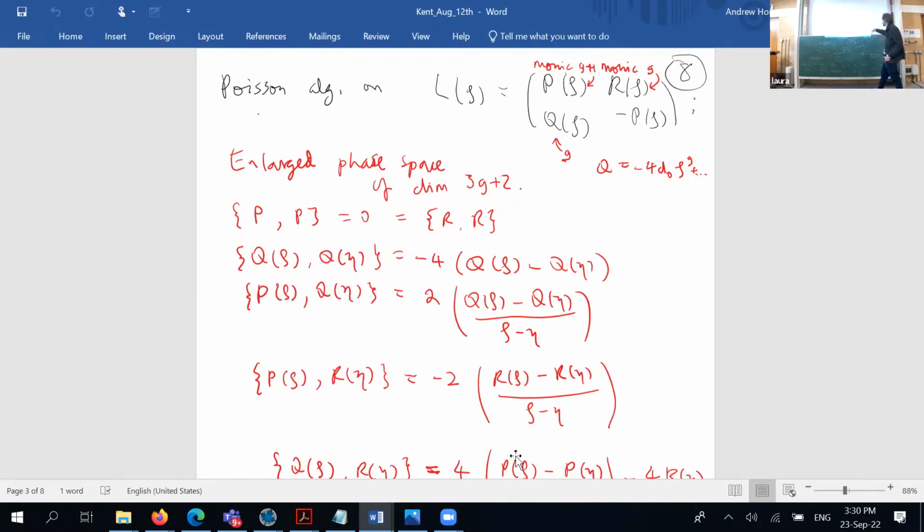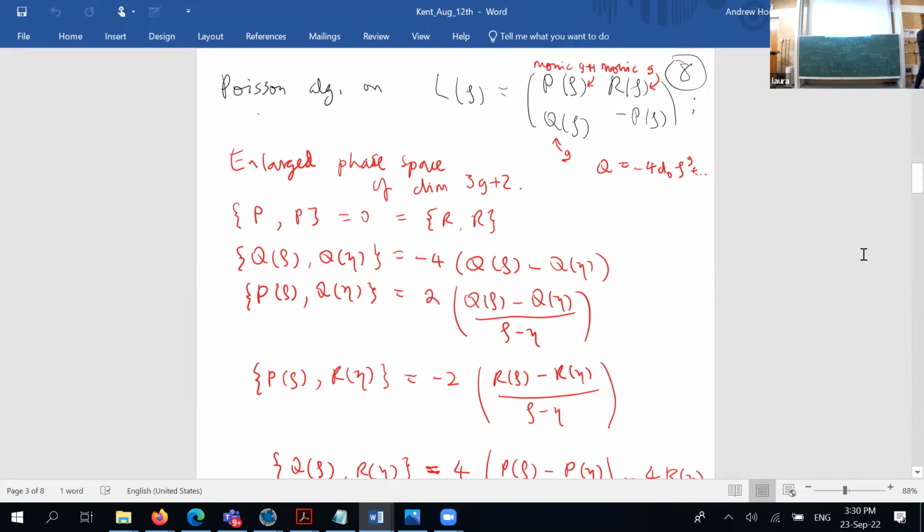You get rid of the gauge factor, and then P and R are monic polynomials of degree G plus 1 and degree G, Q is a non-monic polynomial of degree G, and so overall you get a phase space of dimension 3G plus 2. Then you can actually work out the Poisson brackets of the entries of this matrix, and they give you a very symmetrical formula.